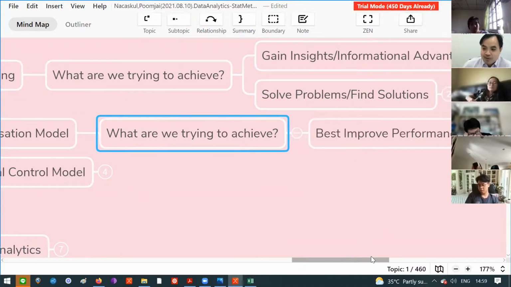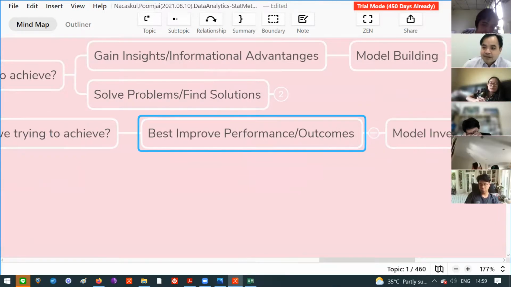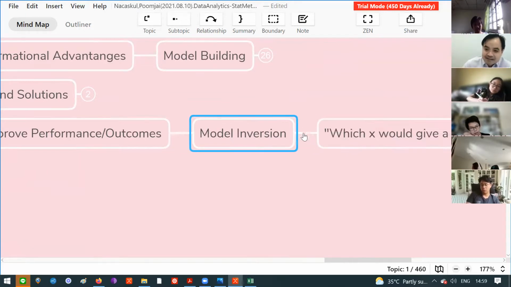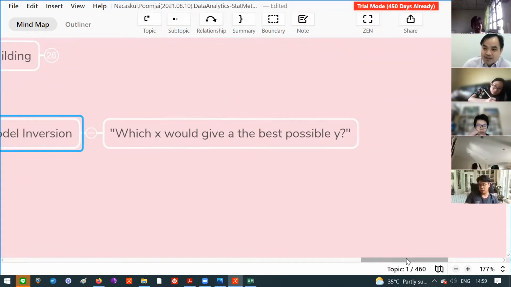Best improved performance or something like that outcome. So you do model inversion, but you're really ambitious. You want to get the best Y. Which X will give you the best possible Y?